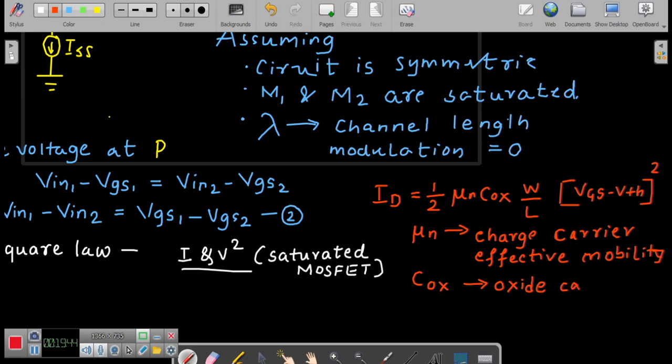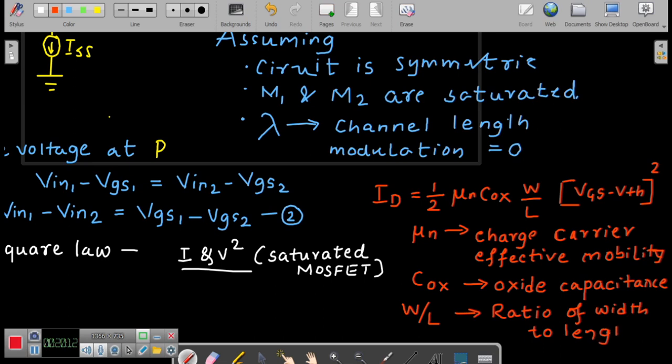Then W by L is obviously the ratio of width to length of the channel.